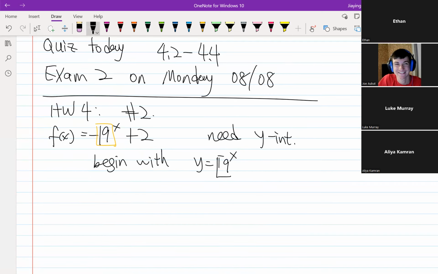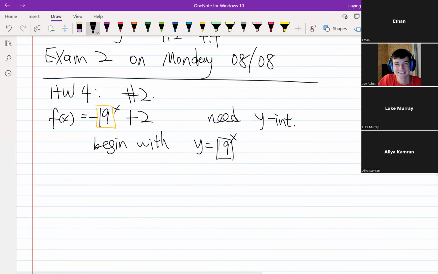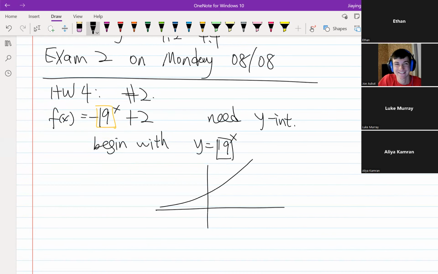Now 19 is the base, and the coefficient in front is just 1. If we plot it quickly, it looks like this: because b is 19, more than 1, it's going to be exponential growth, and it's going to have this y-intercept.